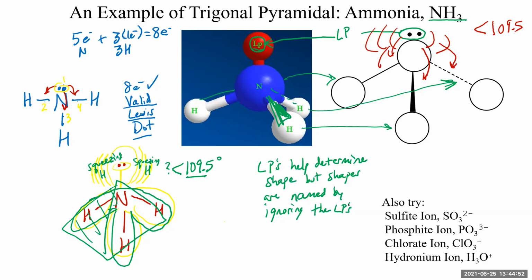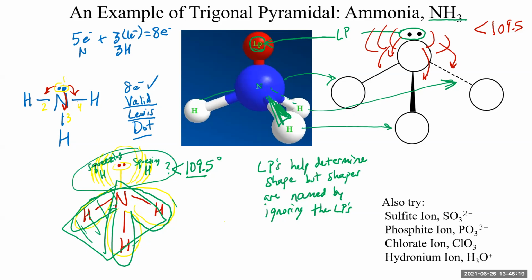They are there in a sense, and they're not there in a sense. So they determine the shape by taking up space and thus pushing the atoms around, but we only look at the results of the lone pairs. We don't look at the lone pairs when naming the shape. We just see, oh, look, some invisible hand pushed all these hydrogens closer together than we would have expected, and is not letting the hydrogens occupy any space above the nitrogen.